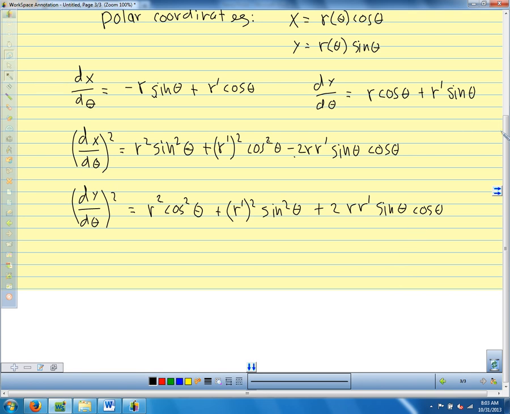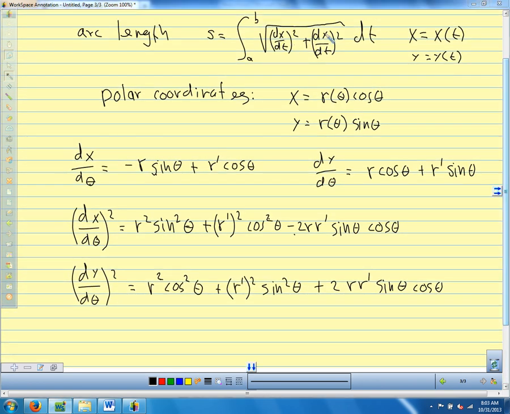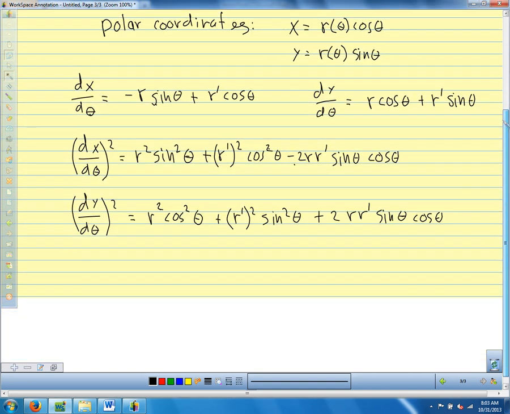And we're going to add these together now. So I end up with these two mixed terms canceling out, and I end up with an r squared sine squared theta and an r squared cosine squared theta and an r prime squared sine squared theta and r prime squared cosine squared theta.